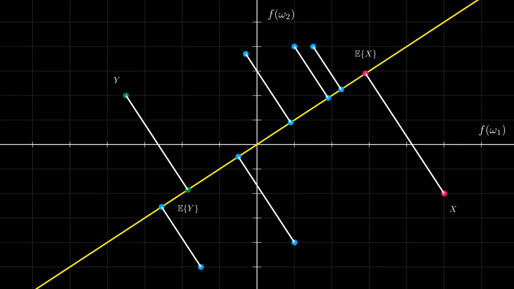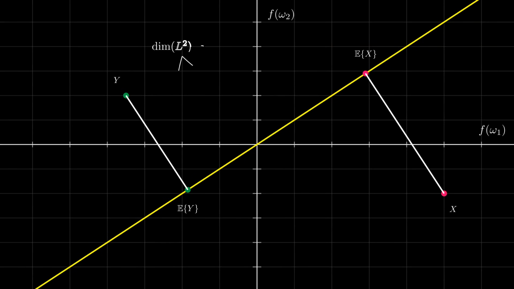What we are observing here is actually not a mistake, but it is based on the dimensionality of the visualization. 2 dimensions are simply not enough. Because in this example, our space L2 is a 2-dimensional vector space, and the space of constant functions is a closed linear subspace of dimension 1. So we can actually write L2 as the direct sum of the subspace of constant functions and its orthogonal complement.